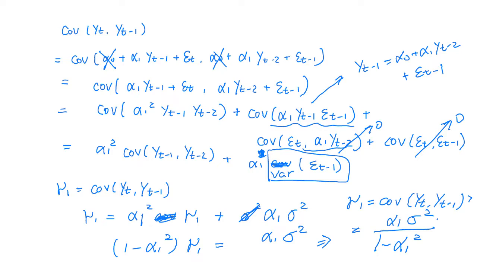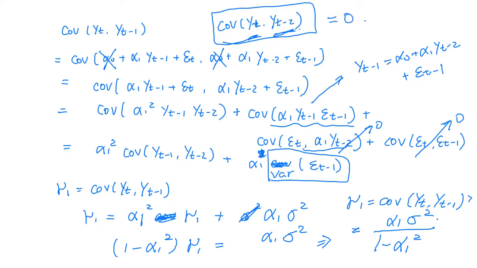One more thing for the AR2: you could still apply the same techniques, and when you expand it out, you will find that the correlation between yt and yt minus 2 is equal to 0. That will be the AR1's period 2 covariance.